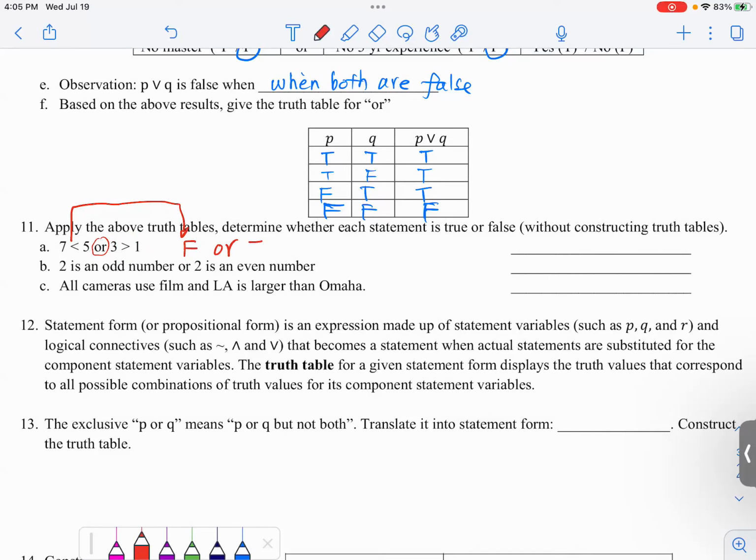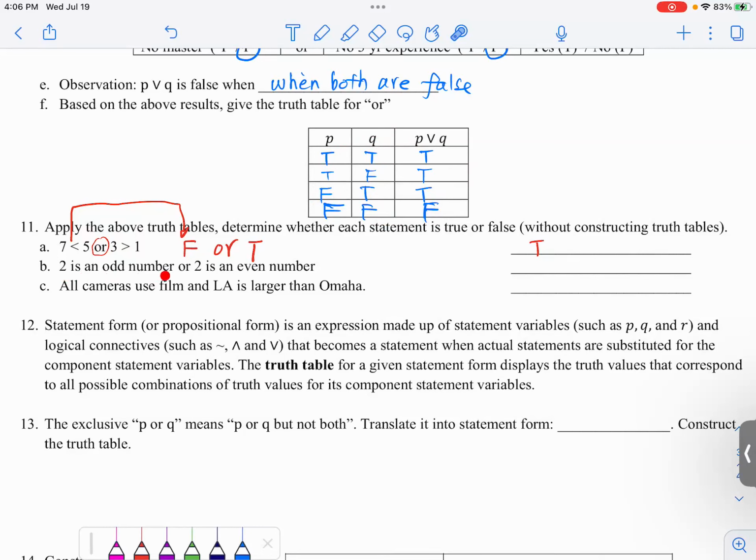Yes, which is true, right? So from this table, for the connective or, you have false and then the second one is true. So the result is a true statement. According to this table, this is a true statement. You don't have to construct a truth table. You take advantage of the truth table already established.